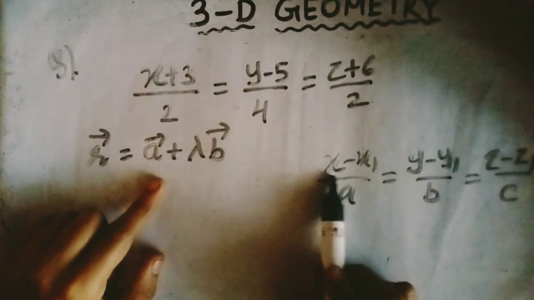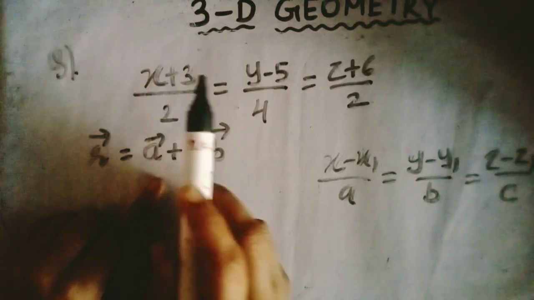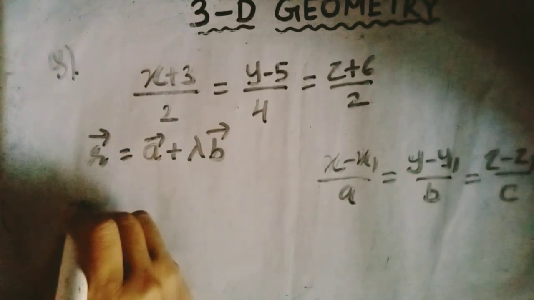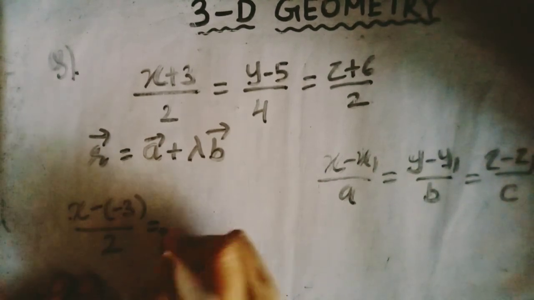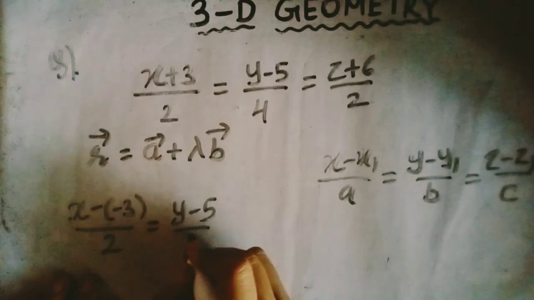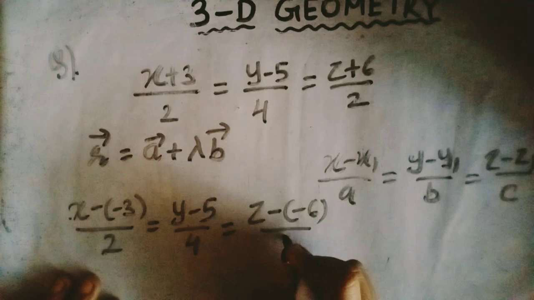Here a plus sign is given for x, so you can write x minus of minus 3 upon 2, and y is already in that form, and z also you write as z minus of minus 6 upon 2.